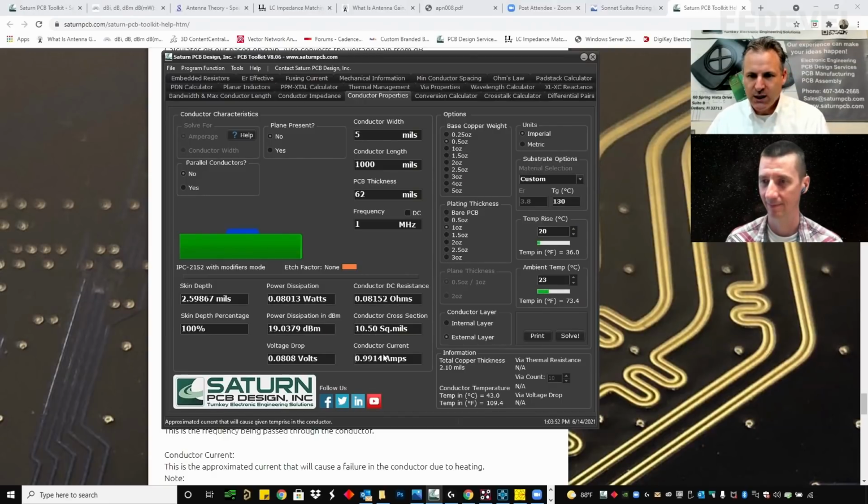If I go up to 20, it goes up to 0.99. Most people, in my opinion, you wouldn't want to get anywhere near 60. You can, but especially with these materials now are so high temperature compared to what they used to be. But 1.58 amps will raise a 5 mil trace by 60 degrees.